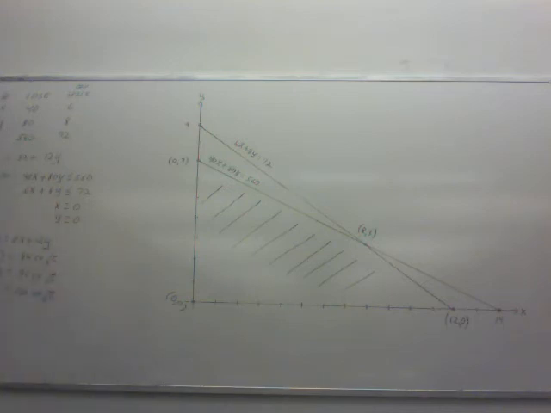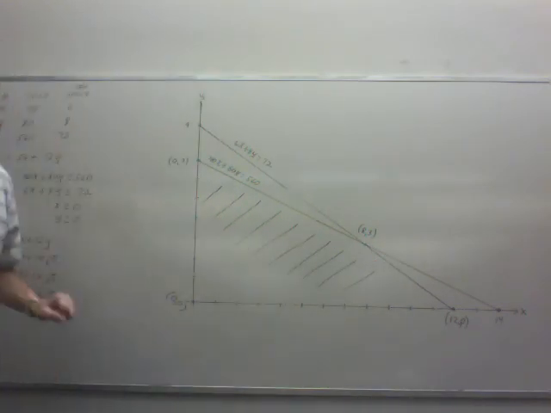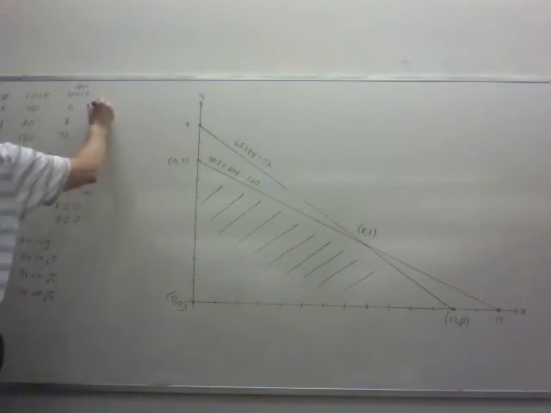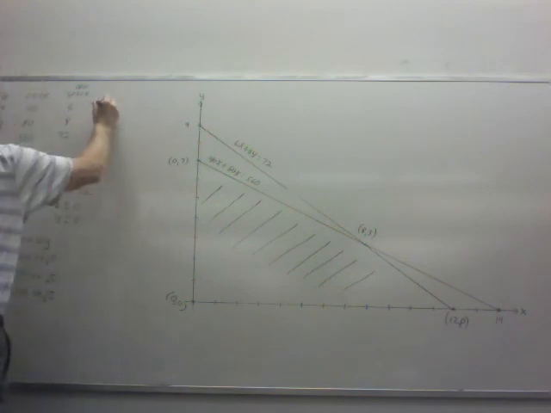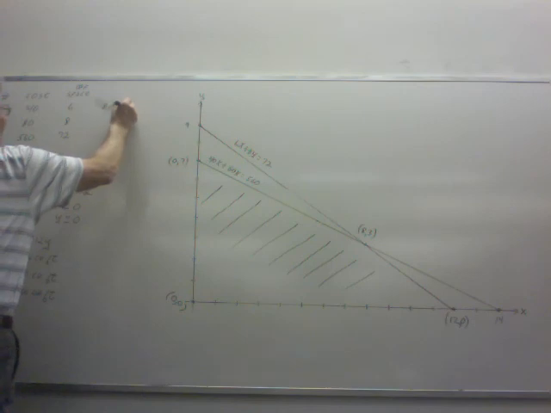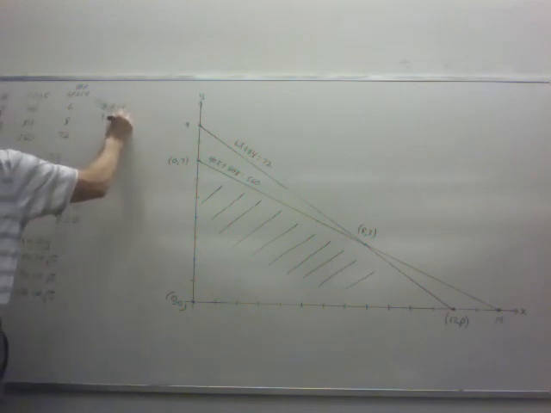I get 100 cubic feet of files. So once again, this individual could buy any combination of ACE and Excello cabinets that are in here. However, he wants to maximize his storage capacity. In order to do that, he has to do this, this, or this. In this particular case, what this individual wants to do is buy 8 ACE cabinets and 3 Excello cabinets.